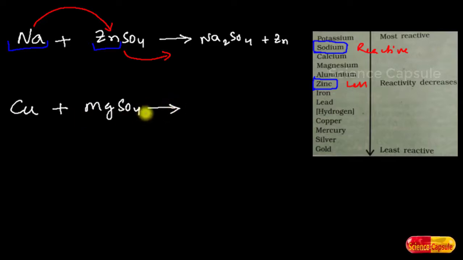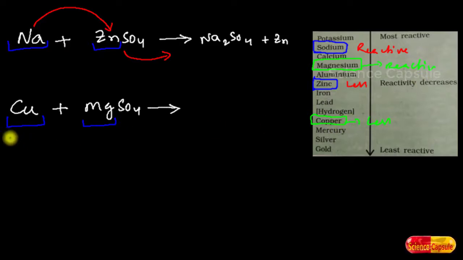To understand the chemical reaction, we have to find the reactivity of the two metals, copper and magnesium. Copper is somewhere in the activity series, and magnesium we can see on the top. So magnesium is a reactive metal and copper is less reactive.